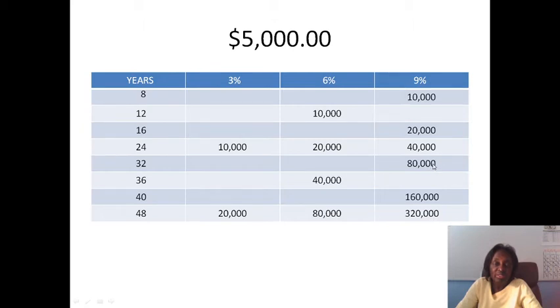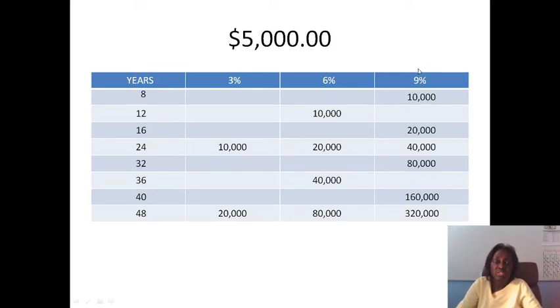All right. 80,000 doubles again in another 8 years to 160,000, and then 160,000 because of the 9% doubles again in another 8 years to $320,000. So if you had a choice of A, 3%, B, 6%, or C, 9%, which one would you choose?